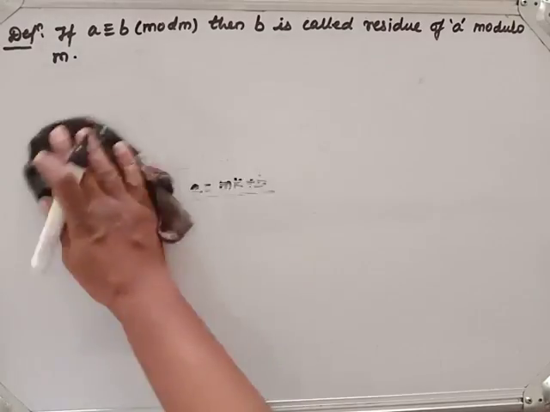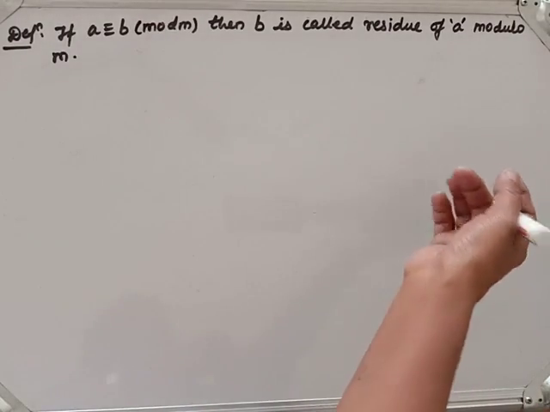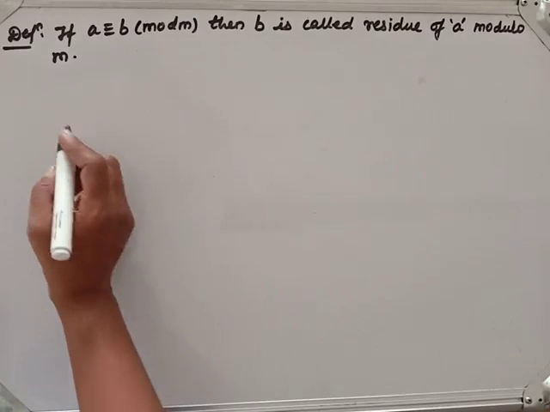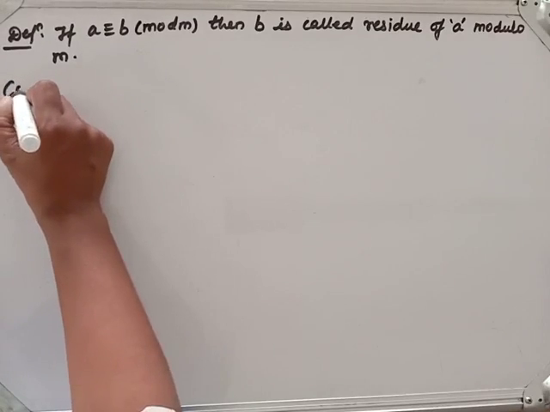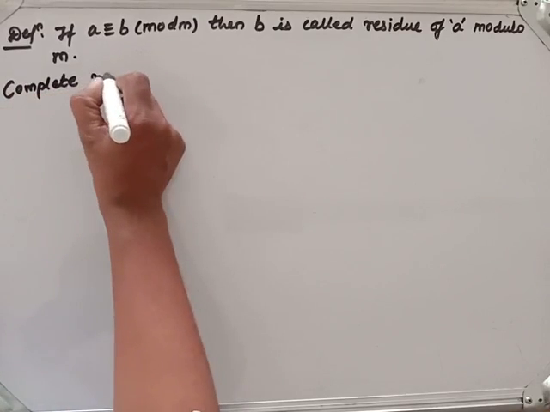Fine. Now this is the definition. Now from this definition we have some other systems. So the first system is the complete residue system.